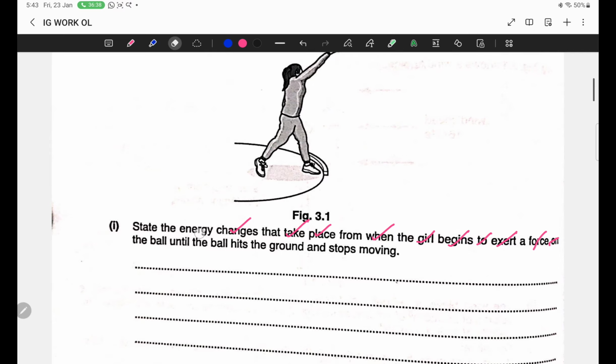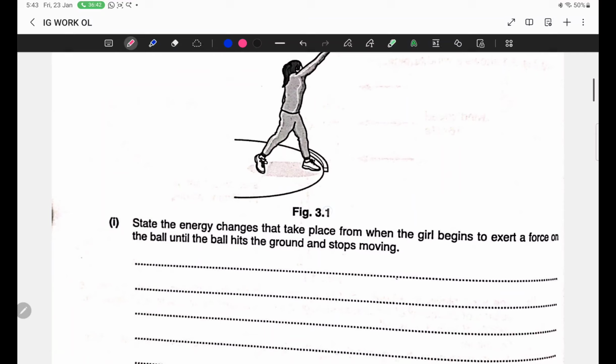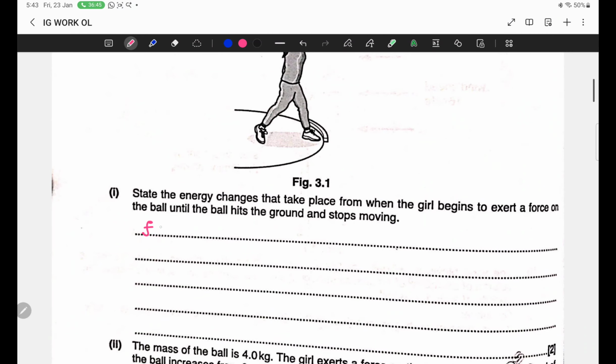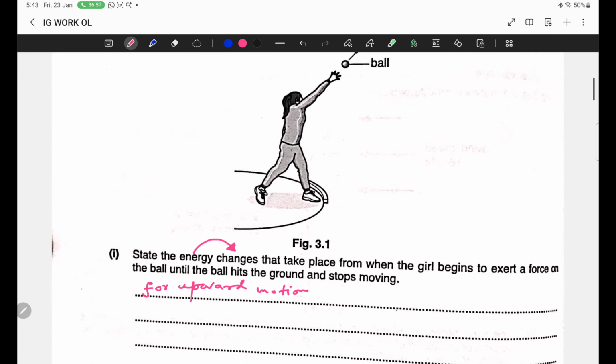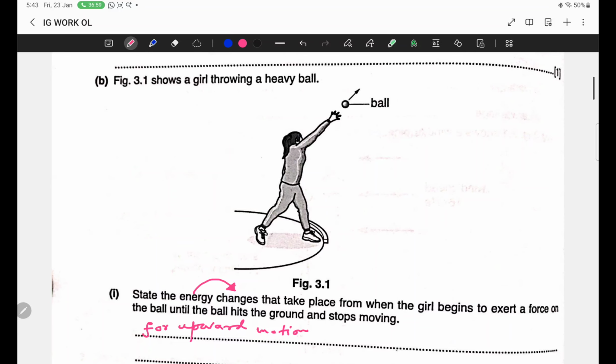So if I ask you, sir, the ball is moving upward, for upward motion, state the energy changes. So you know when an object is moving upward, then obviously kinetic energy is converting into potential energy.